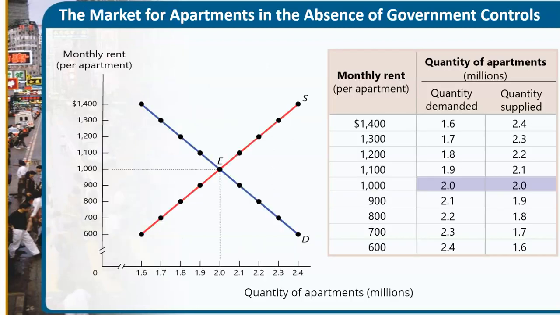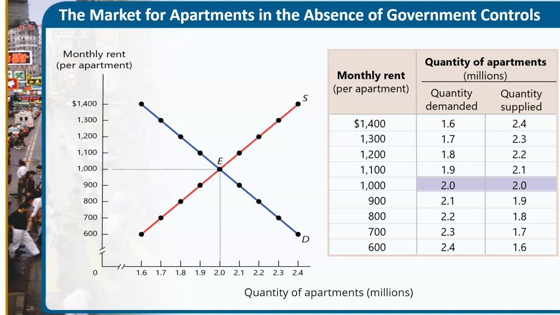So if we look at the absence of government control, this is essentially a free market, and we're a mixed market economy. So we have a free market except for instances in which government tries to regulate health and safety and welfare of the environment. And we see here that at a $1,000 monthly rent fee per apartment, we have 2 million apartments that are demanded, and we have 2 million apartments that are supplied.